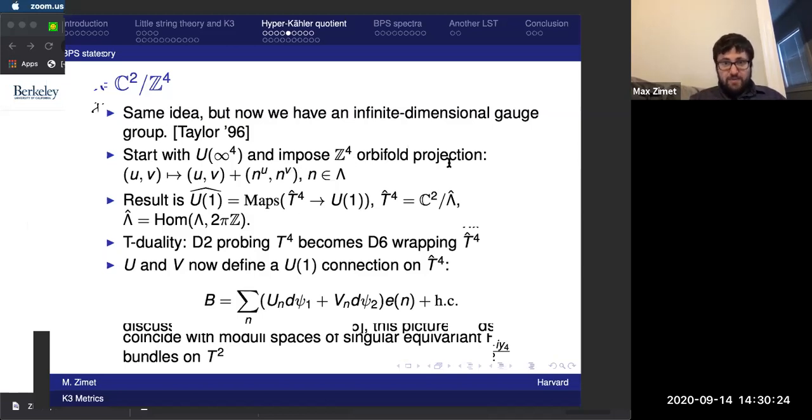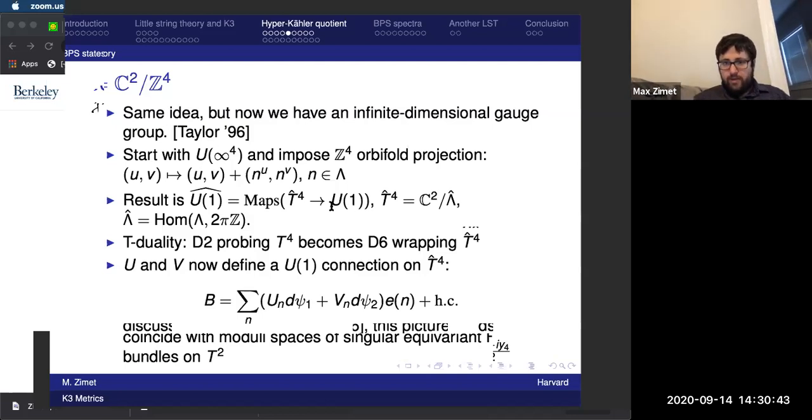So one just imposes these Z to the 4 equivariance conditions, and the result of all of that is that the gauge group one has now is just maps from the dual torus to U(1).